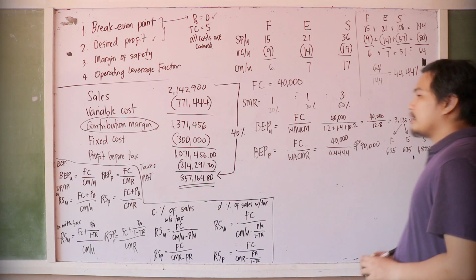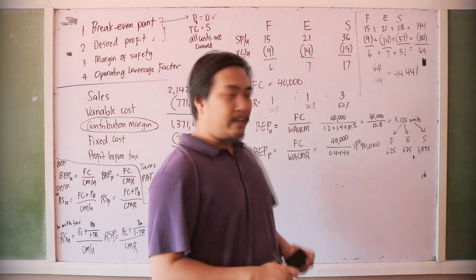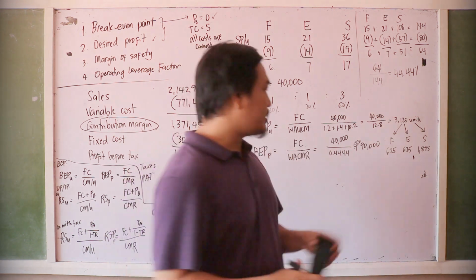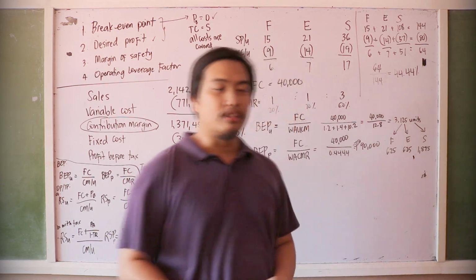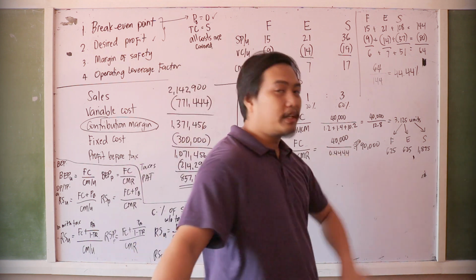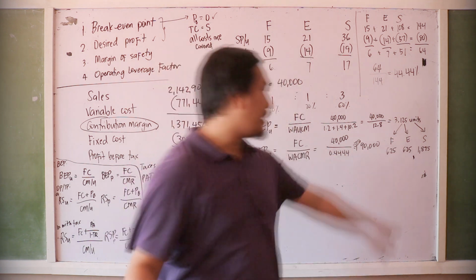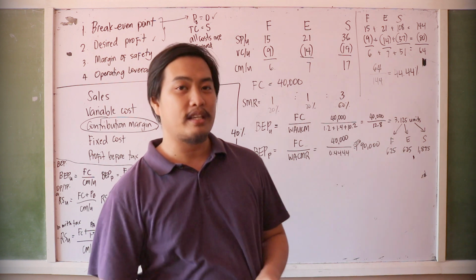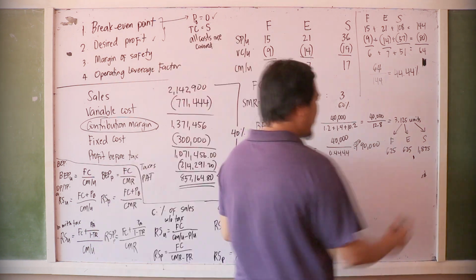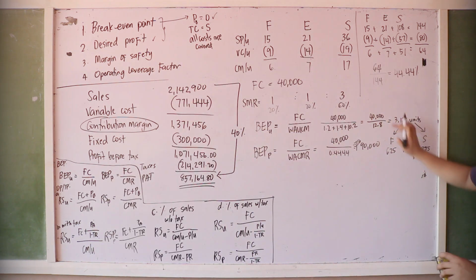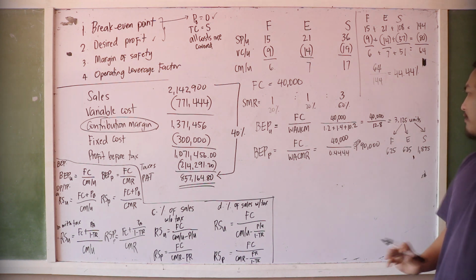So, in order to break even, itong company na to has to sell 625 pieces of floor wax, 625 pieces of eraser, and 1,875 pieces of sandpaper. Pag in-add mo yan, lalabas a total of 3,125 units.